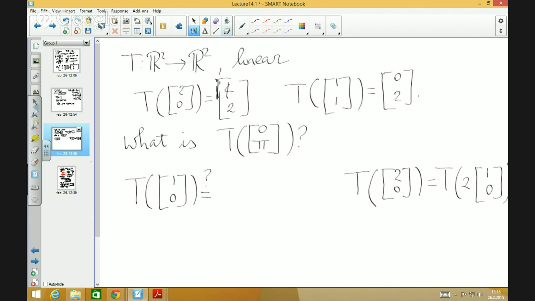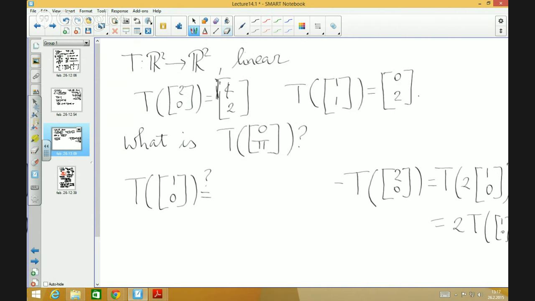So far, so good. But hey, Sherlock, you are Sherlock now. I'm just Dr. Watson. I tell you, Sherlock, wasn't it the case that T was linear? And you as Sherlock would say, yes. So what is this thing equal to? It's 2 times T of (1,0), as your colleagues are saying. I'm running out of space here.